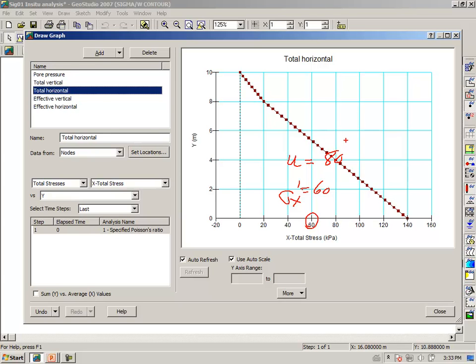Therefore, sigma X total is equal to 60 plus 80 is equal to 140, which is what sigma W has computed. The point that needs to be checked most often is to ensure that we have obtained the correct total horizontal stress.